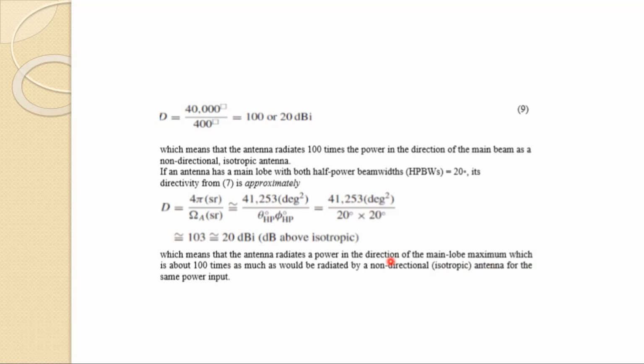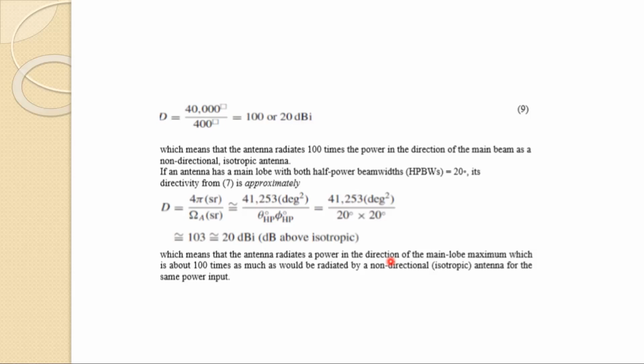If directivity equals 2, you say that particular antenna will radiate power 2 times that radiated by an isotropic antenna in the main lobe direction for the same input.